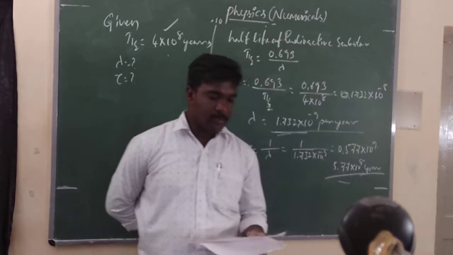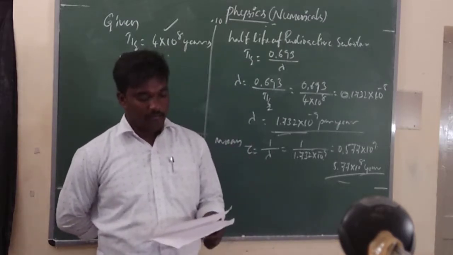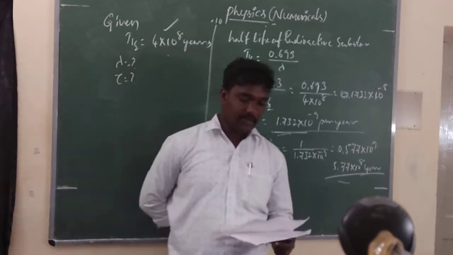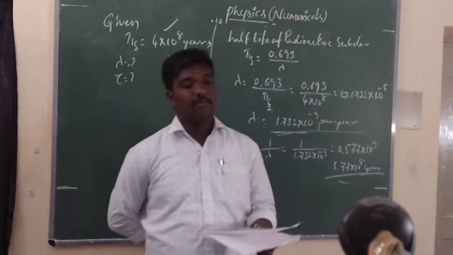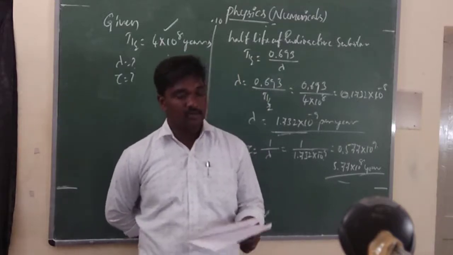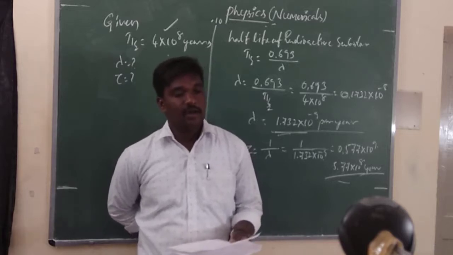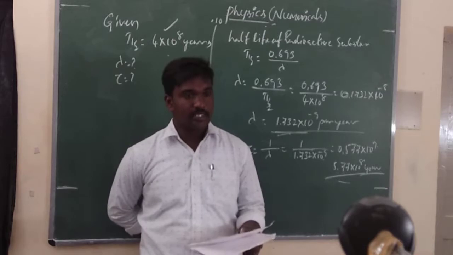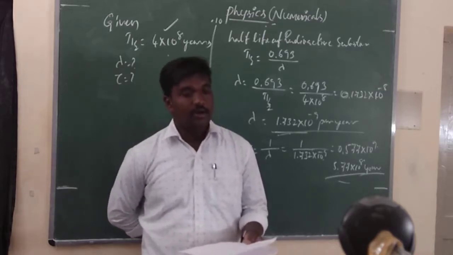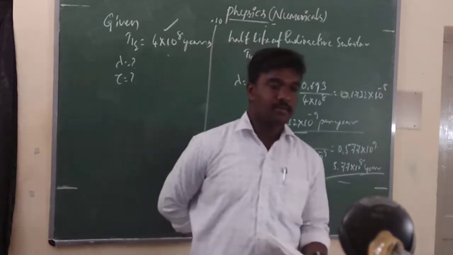So here we have to calculate mean life and half life. Already the radium isotope is given, radium 226, the mass is 1 gram and radioactivity is 1 curie. So first we have to calculate the number of atoms present in 226 grams of radium, and then we have to calculate lambda, then we have to calculate the half life and mean life values.